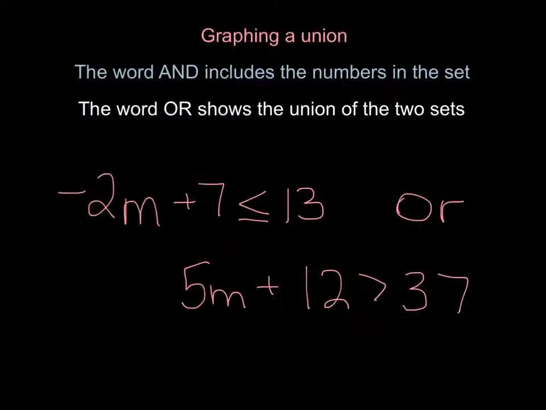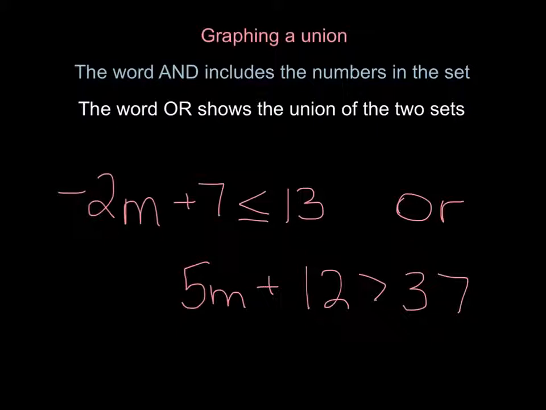Now we're going to talk about graphing a union. The word and indicates and includes the numbers in the set. So the previous example that we did was an and statement. So it included the numbers within that compound inequality. The word or shows a union of the two sets.